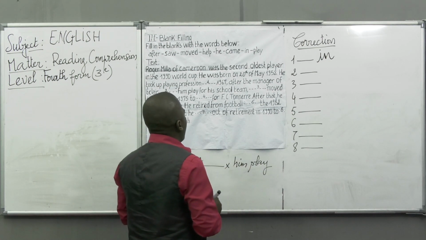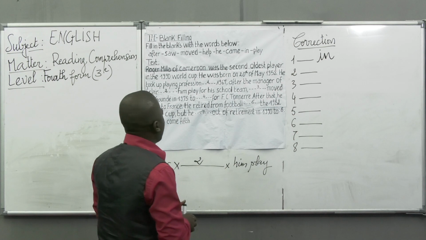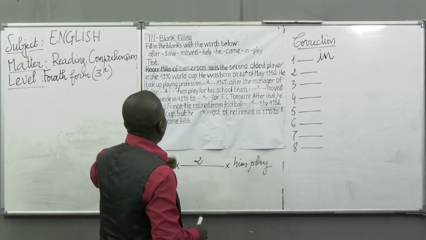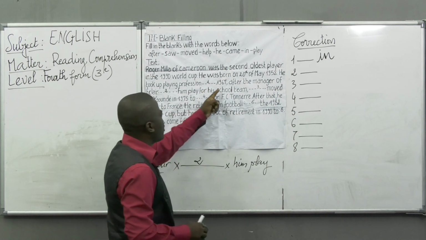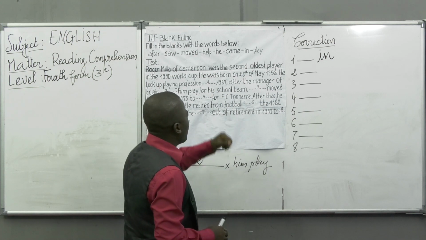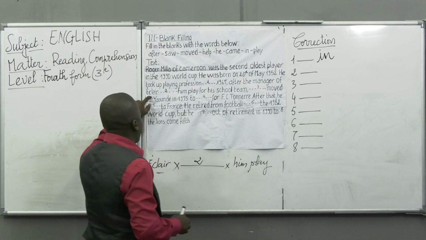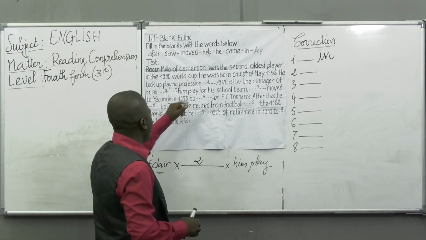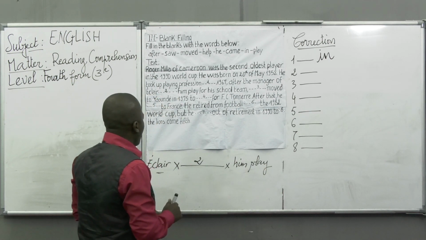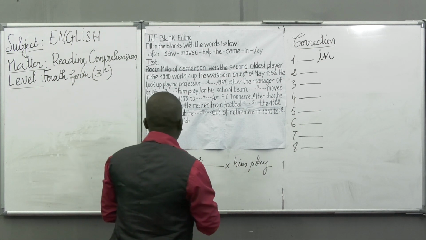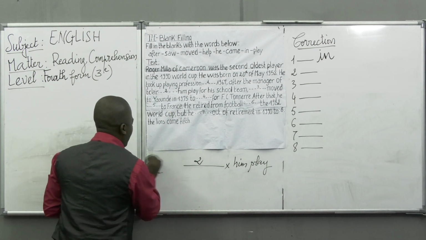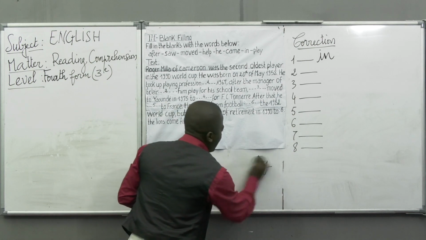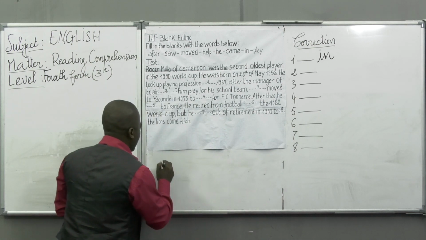Good. Now, let's read the text again. He took a playing profession in, as we said, 1967. After the manager of Éclair, as a football team, him. Now, the manager of Éclair, let me write it correctly for you, class.